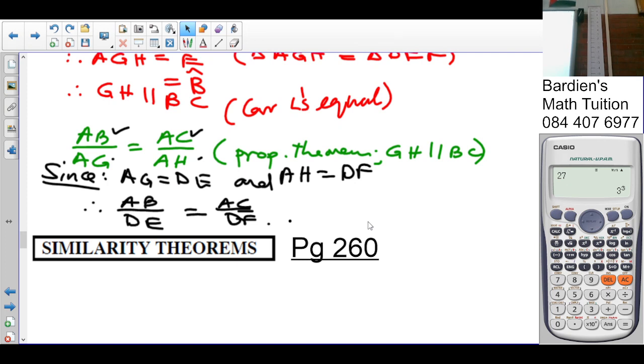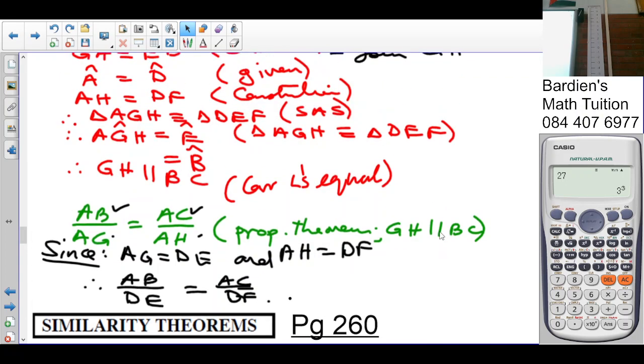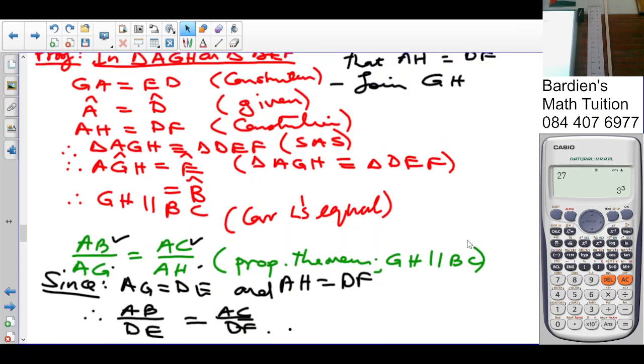Right. Now in that video that I made with regards to all the theorems, this is the last theorem in that video. Okay? So if you want to watch the theorem again and again, the other video has this theorem as the last theorem. You know what video I'm talking about?